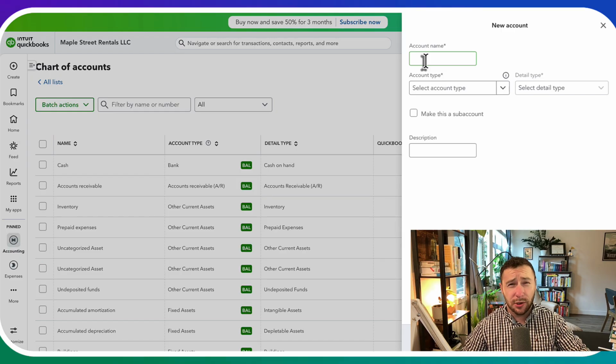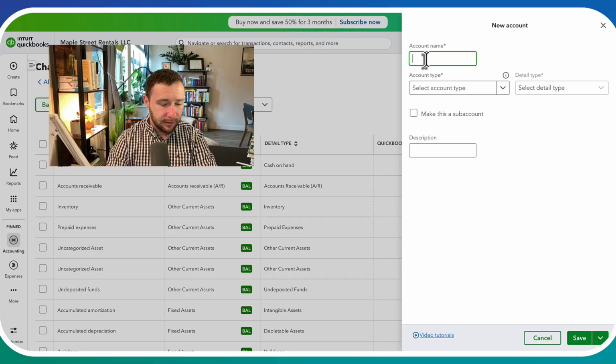I just want to show you how to use QuickBooks, so don't copy what I do here for your real estate property. I really just want to show you all the different features in as simple of an example as I possibly could give. So let's say we're going to add a new account to track specifically one property from another, because we want to see the values listed separately on the balance sheet.